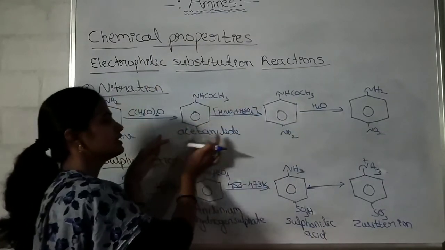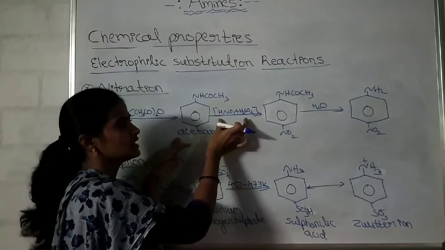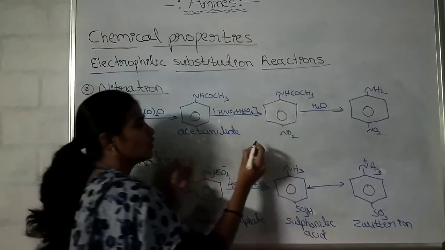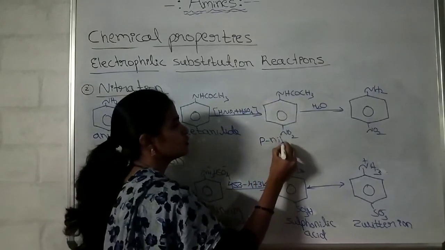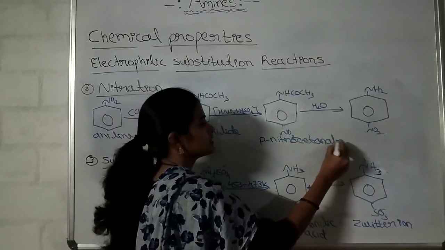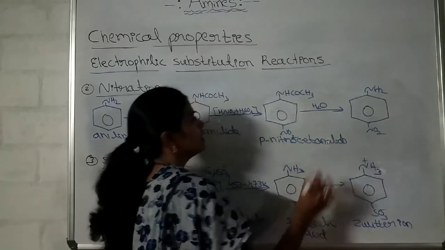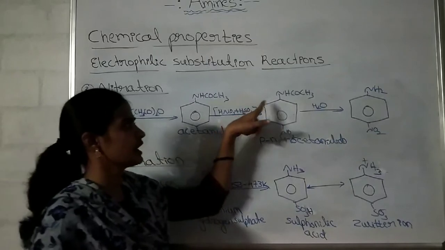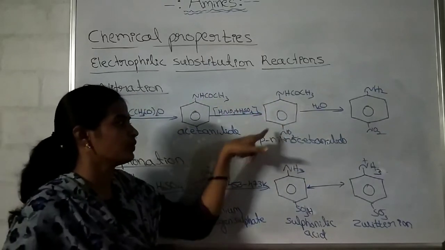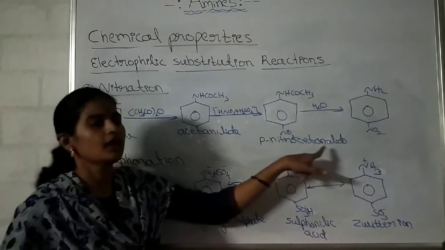Therefore, I have treated the acetanilide with the nitrating mixture, that is a mixture of concentrated HNO3 and H2SO4. Then I got para-nitroacetanilide. This is how I am able to block the ortho positions from the attack of the NO2 group. Attack has taken place only at the para position.